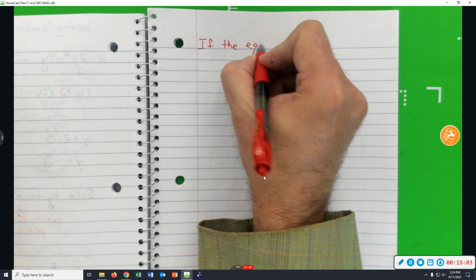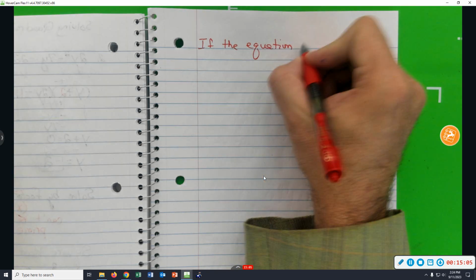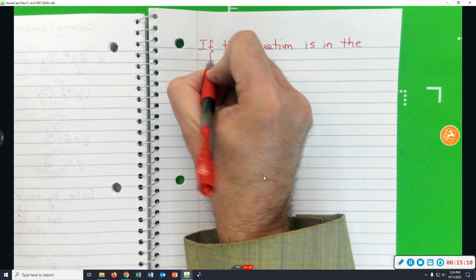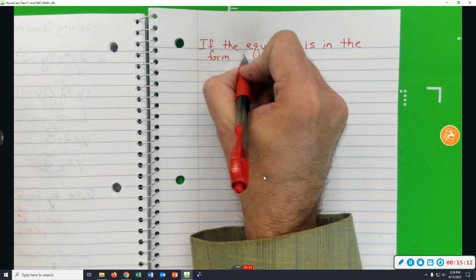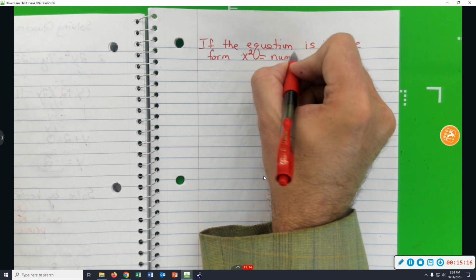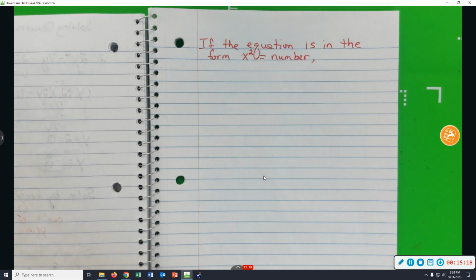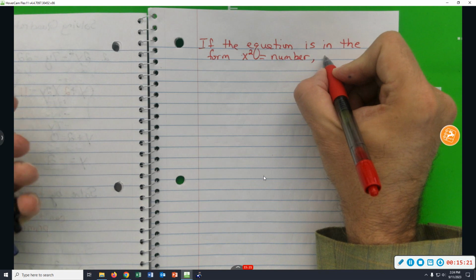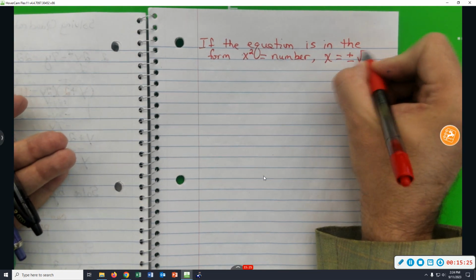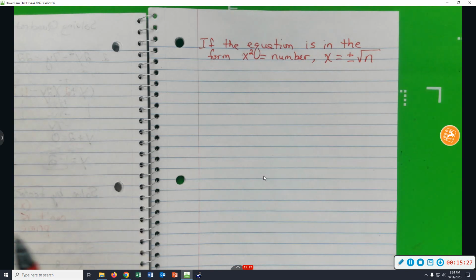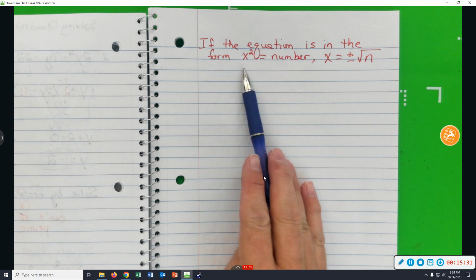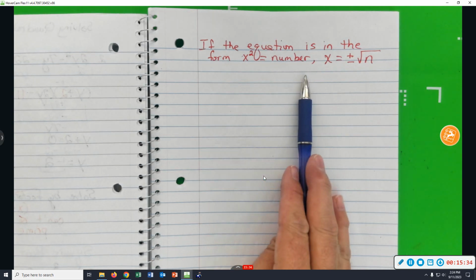If the equation is in the form x squared equals a number, then x is the positive and negative square root of that number. If you have the equation x squared equals a number.